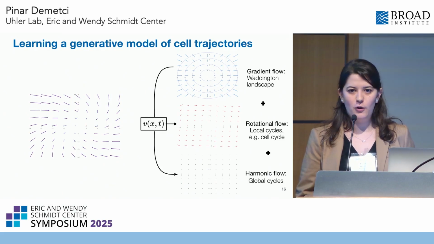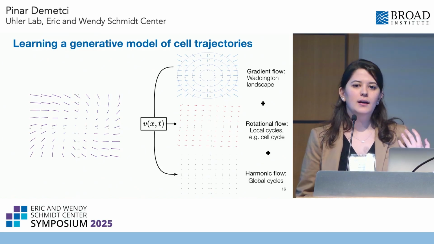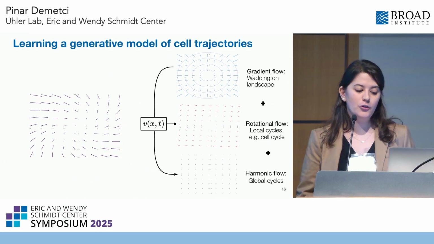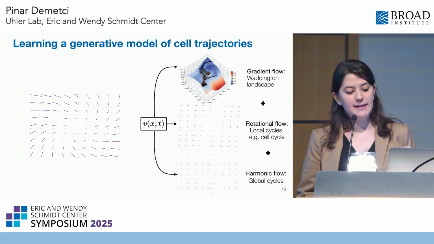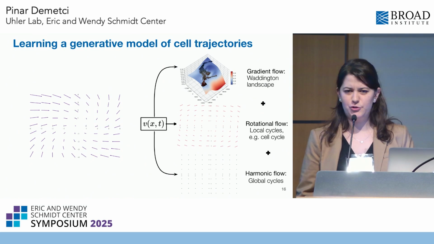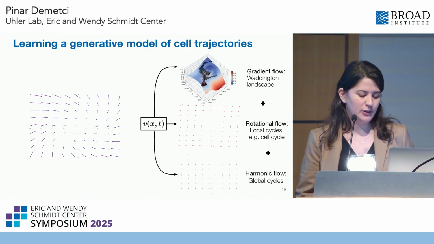A rotational flow captures local cycles, so it's more related to cell cycle and stuff. For our questions, because we're interested in initial cells ending up in final fates, we're going to use the gradient flow decomposition. And what we do is basically order the cells on this landscape, and the landscape is not going to be a straight line, but this ordering is going to give us a notion of pseudotime.